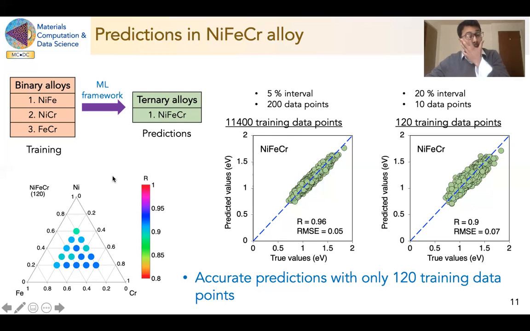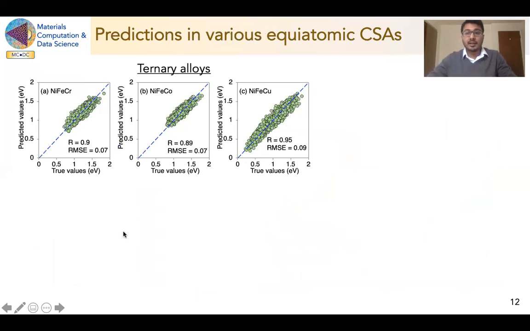Now, moving forward to other ternary alloys also. So we use the same strategy to train our model using the constituent binary alloys. Now, nickel iron chromium results you already saw in the previous slide. Here I'm showing the nickel iron cobalt and nickel iron copper. Here also the predictions are quite good with the R value greater than 0.85 and RMSE also below 0.1.